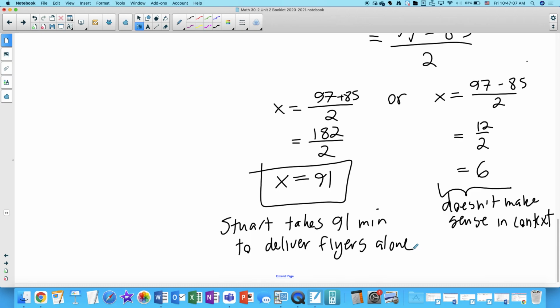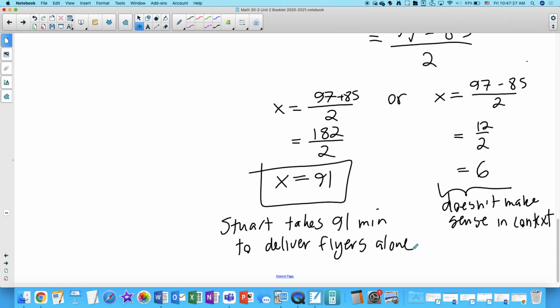Because we love in multiple choice to put in distractors, right? So I guarantee you that if this was a multiple choice question, 91 would be one option. Two of the other options would be 6 and 78.